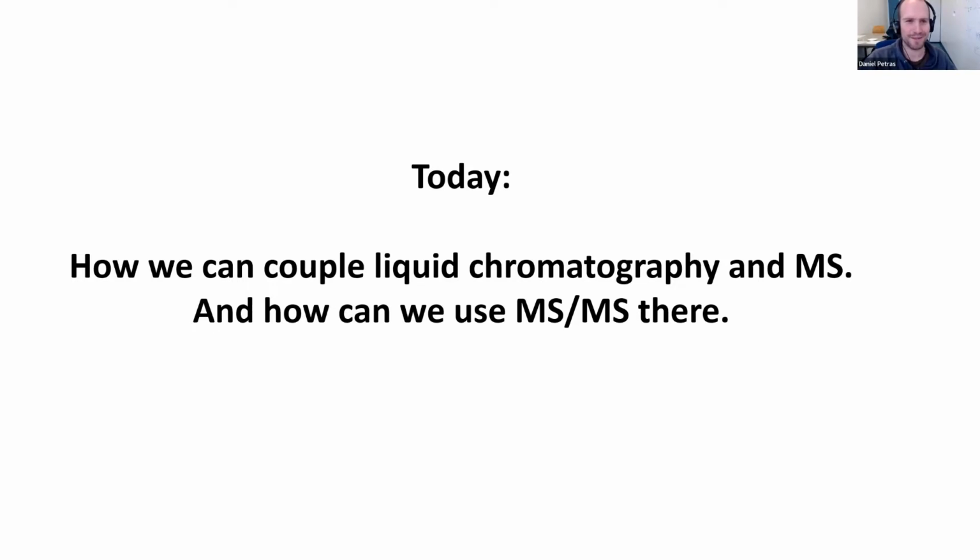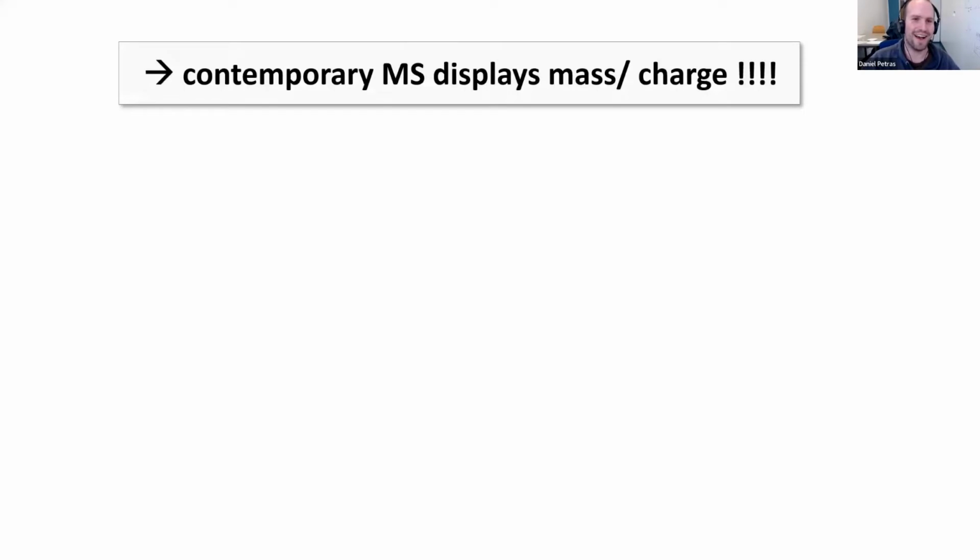Axel, come on, I see you here on the top. It does display mass over charge. Thank you. Yeah, this is really important. We just had this discussion in the lab the other day about doubly charged ions, and sometimes there comes confusion. So really keep this in mind.